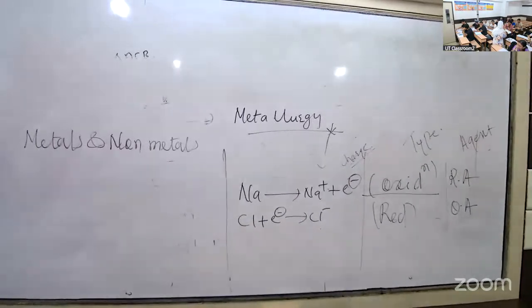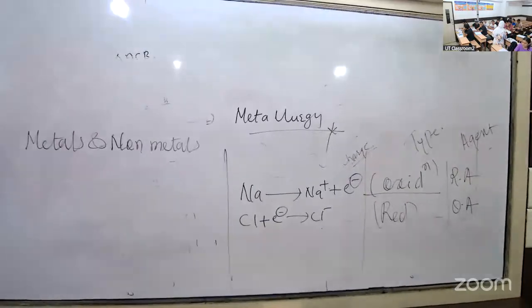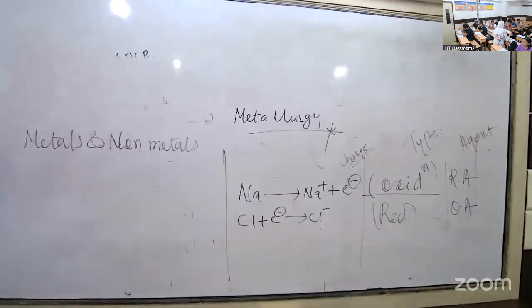So metals with oxygen: the product of the reaction between metal and oxygen is metal oxide. Good. Metal with water, you have read in 10th standard. Metal with acid, in 9th: salt and water.